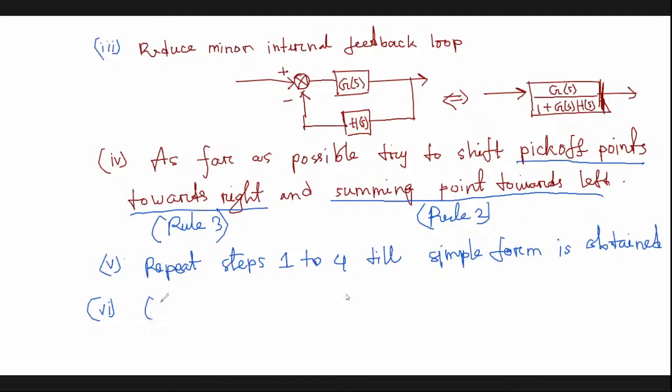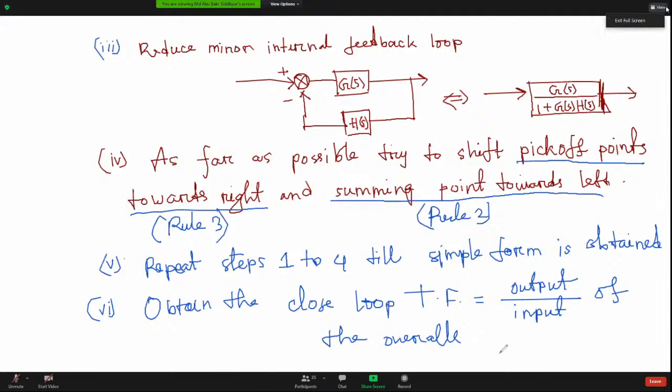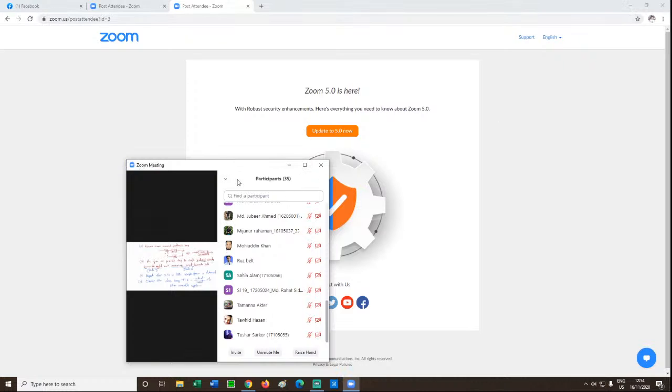Obtain the closed loop transfer function, equal to output by input of the overall system.